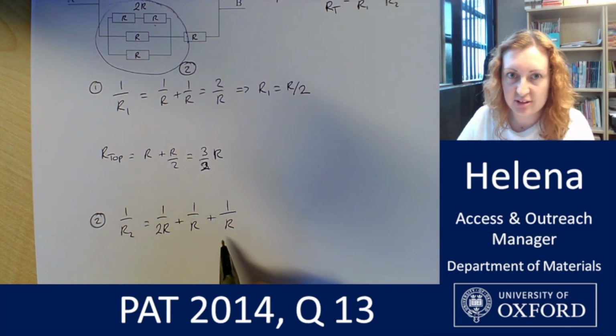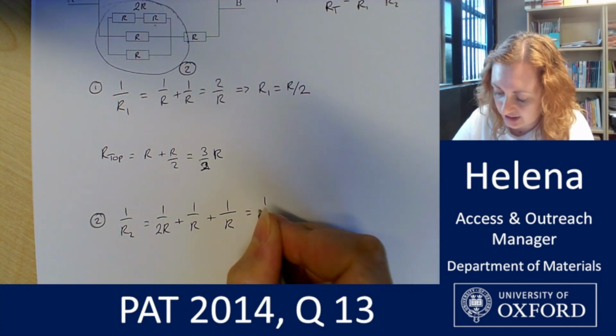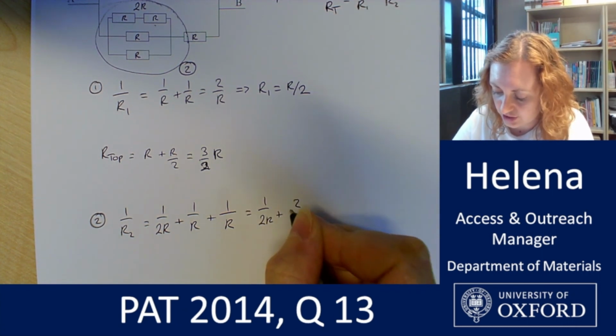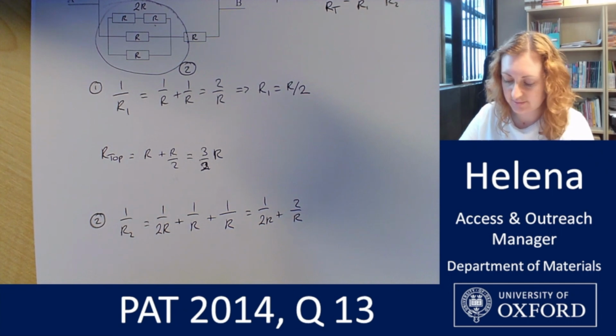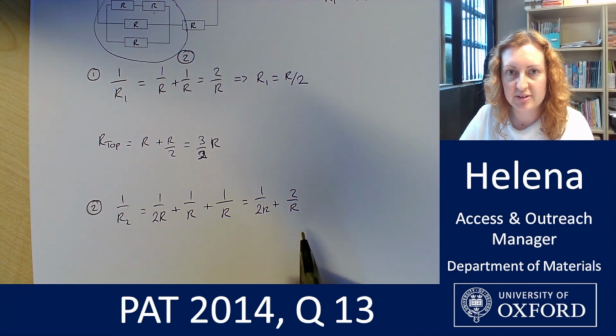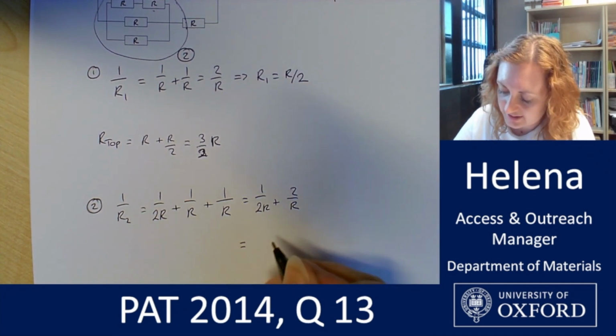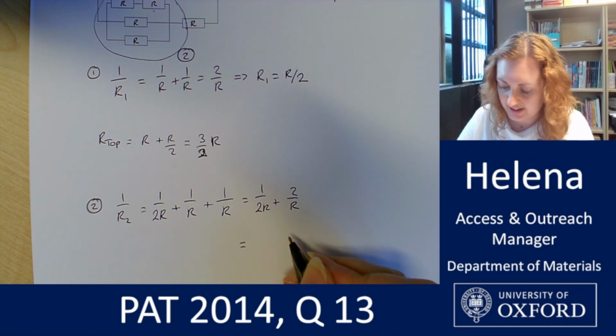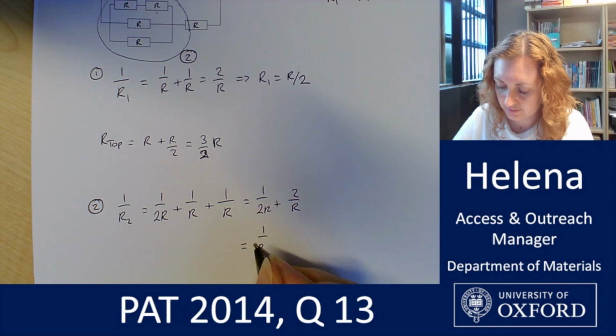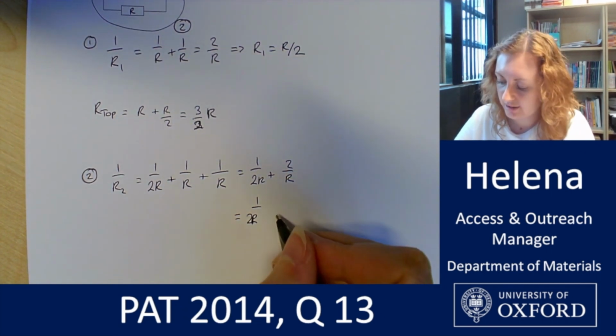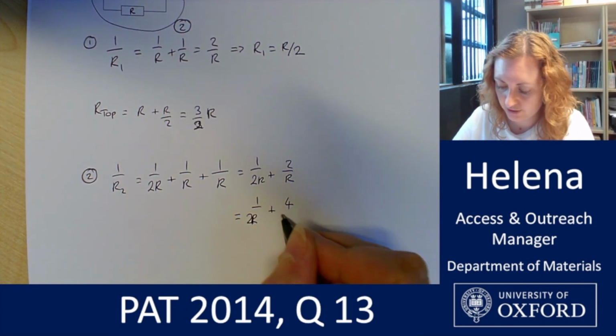First of all, I can sum these, so we have something that looks like 1 over 2R plus 2 over R. Excellent. If I then make the denominators the same, that is the same as 1 over 2R plus 4 over 2R.